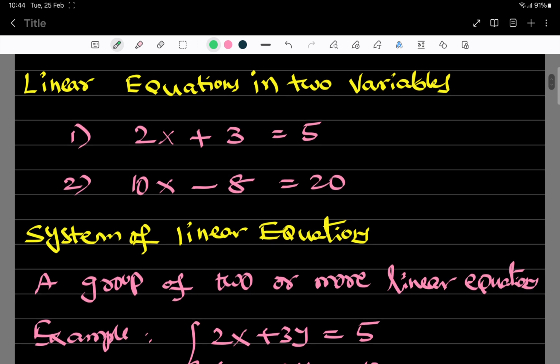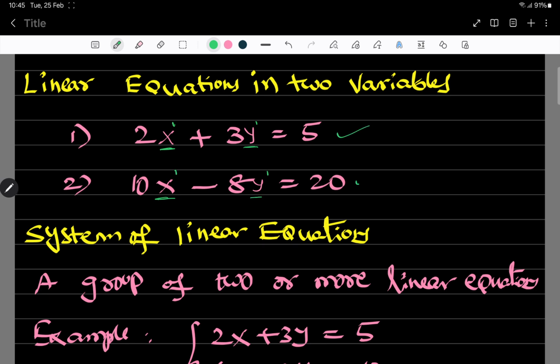Now linear equations in two variables. 2x plus 3y is equal to 5. This is one equation. And 10x minus 8y equal to 20. This is another equation. Here we are using two variables, x and y, whose degree is 1.